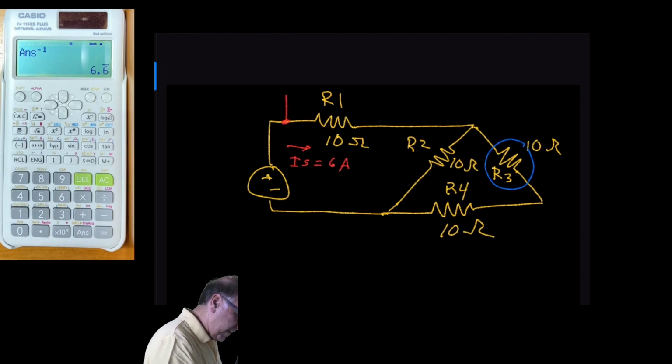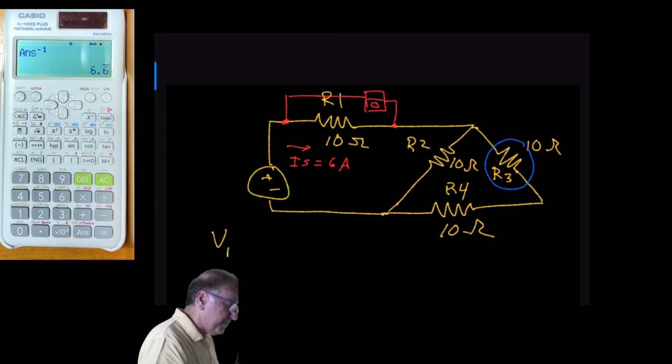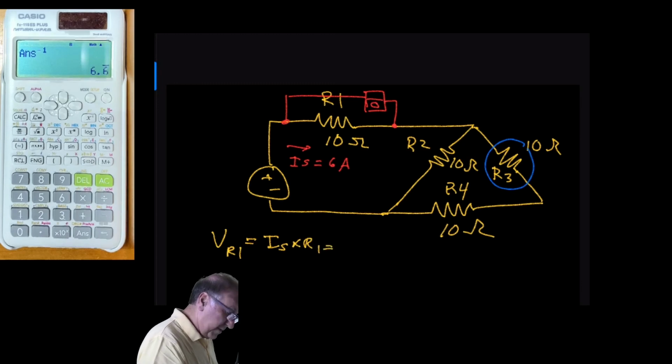Put it over here. So the voltage across R1 is equal to I sub S times R1, and that equals 6 times 10. That equals 60 volts.